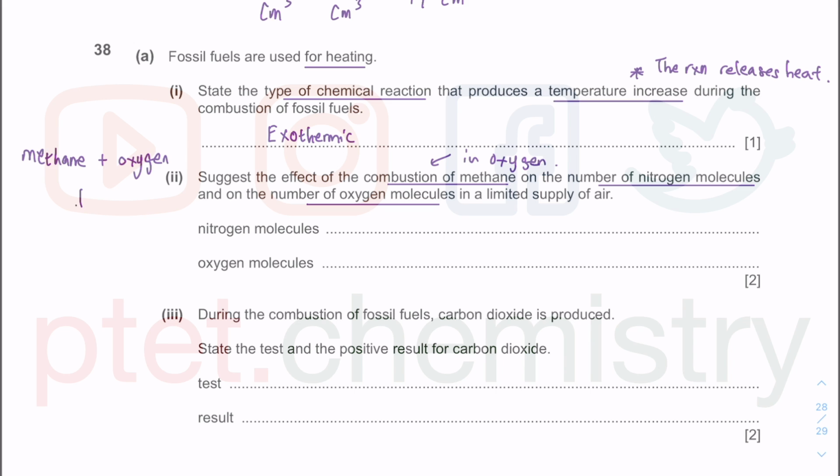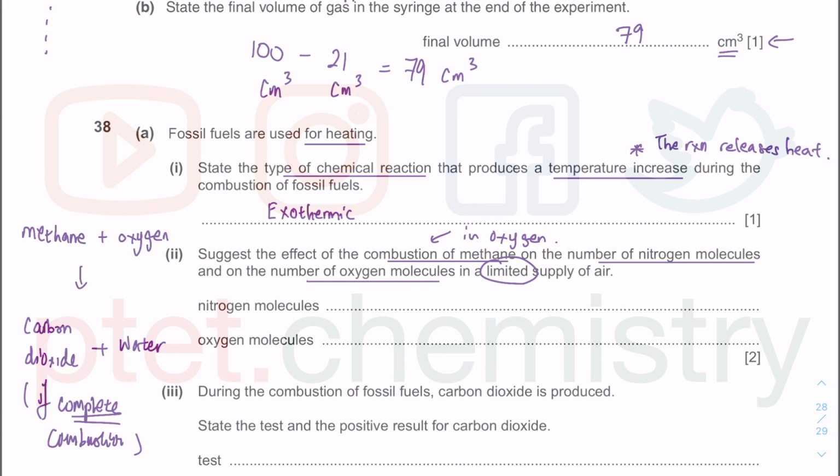So what I will get later on is carbon dioxide plus water, but that is assuming complete combustion. But if you read this question very carefully, they say limited, so not enough oxygen. Not enough oxygen, then you could potentially get carbon monoxide and also water. All right, but that's not the question here.